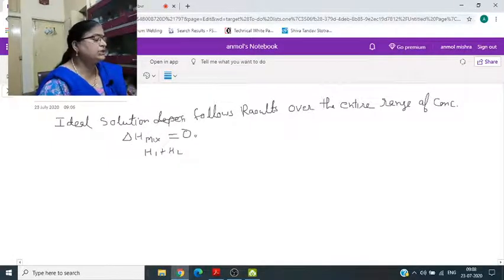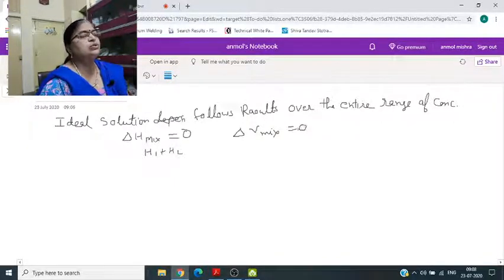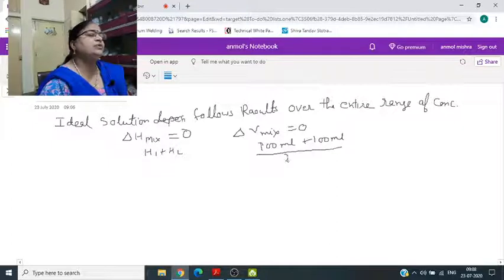So delta H mixing will be equal to 0, and second, delta V mixing is also equal to 0. Suppose we add 100 ml of the first solution and 100 ml of the second solution, the total will be equal to 200 if it is an ideal solution.